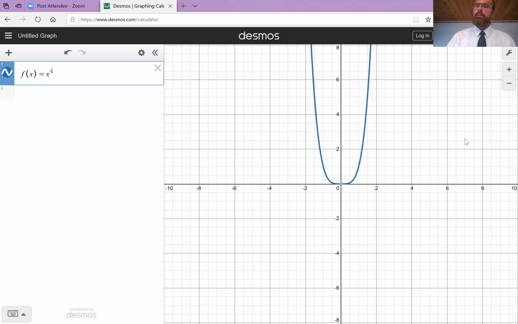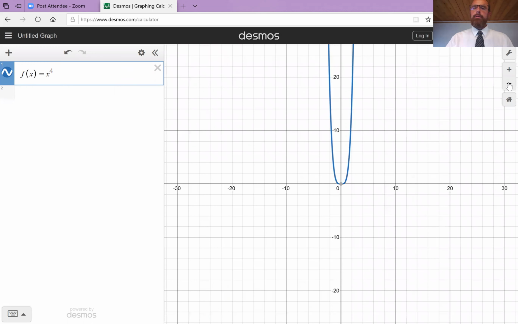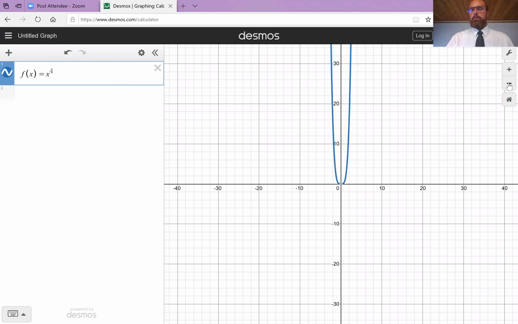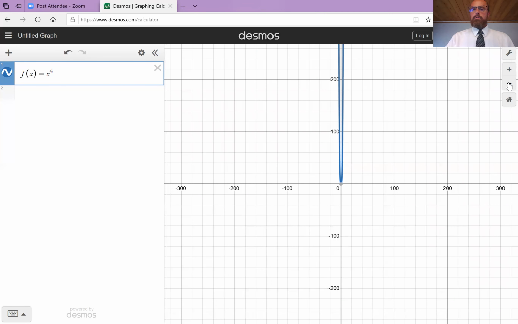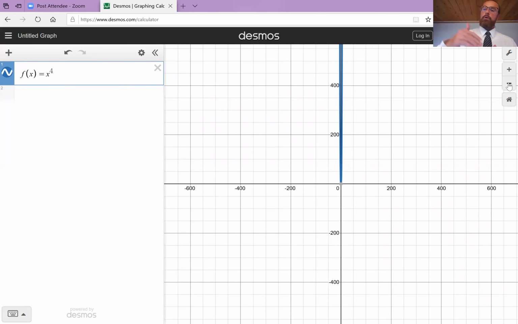So on Desmos, to zoom out, if you go over to the right side of the graph, it's the minus button there. So I'm just going to zoom, zoom, zoom, and click quite a bit. So definitely the vertical growth is more than the horizontal growth, but the horizontal growth never stops. It's a slow growth to the left and to the right.